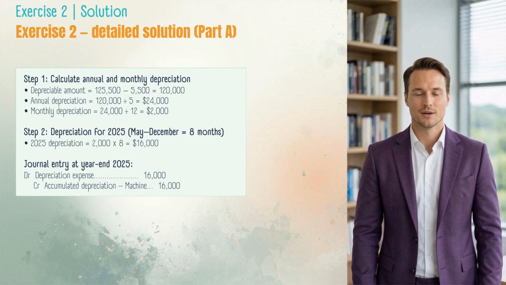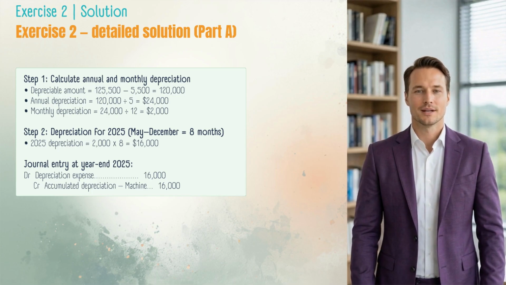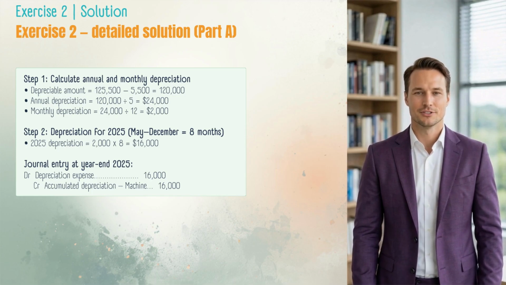We begin by calculating the depreciable amount, then the annual depreciation, and then the monthly depreciation. Once we know the monthly amount, the rest becomes much easier. Because the asset was used from May to December, we count 8 months of use in the first year.